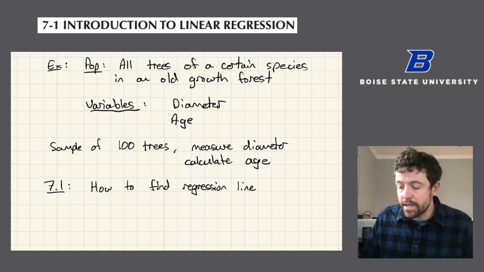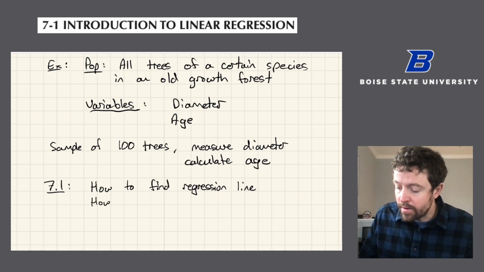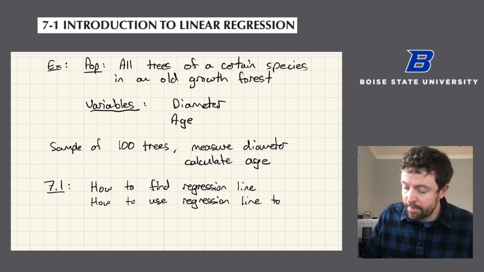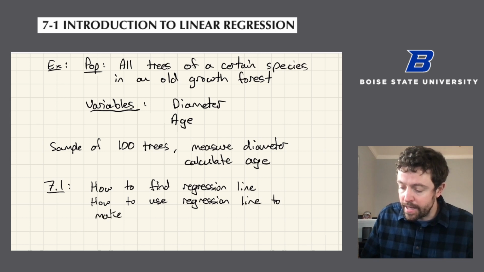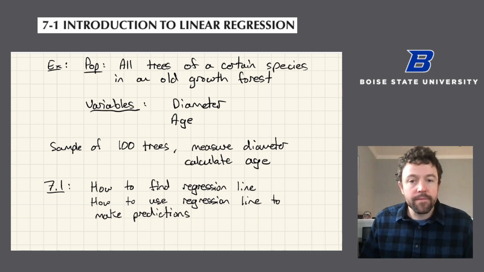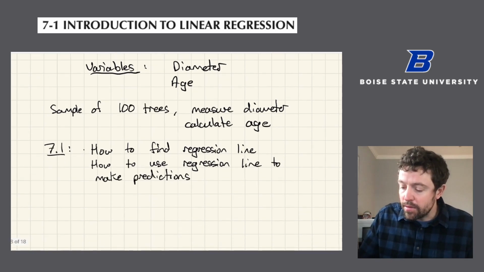We'll see how to make predictions. So how to use the regression line to make predictions. In this case, I want to be able to predict the age of a tree based on its diameter. And one other big thing we'll look at is we'll quantify how good these predictions are.